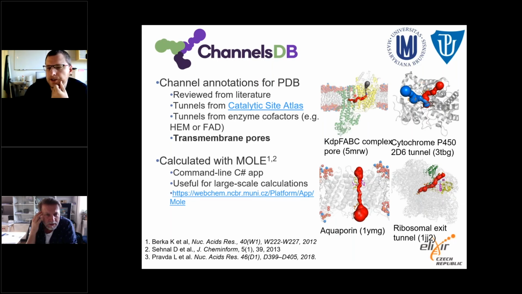So, for instance, here in this KDP Fab-C complex, there are actually two tunnels, where one tunnel is for the interactions from the outside, and then there is a specific tunnel in between those two chains, where a molecule of water is passing from one side to another to change the conformation on the other side by just this movement. So it can have this type of activity at the end.